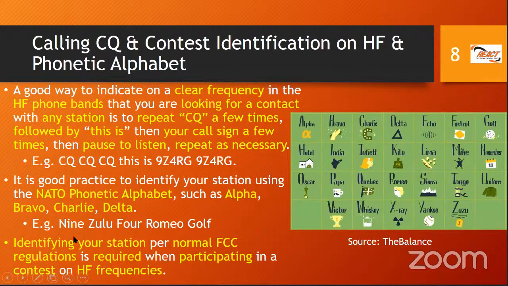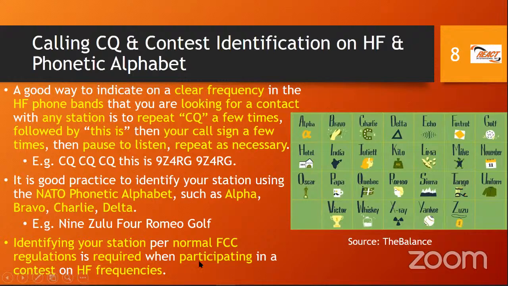And note, this is a sore point sometimes with contesters. When you're identifying your station in contests, you are required to do so as per the normal regulations. All right, so we do hear sometimes during contests different practices, but we are learning the correct thing as students. We're going to do exams.